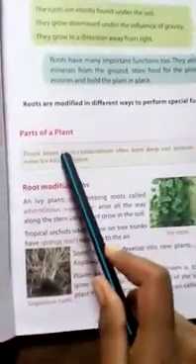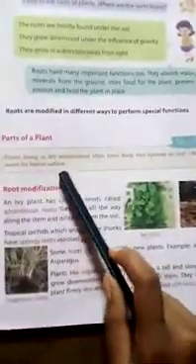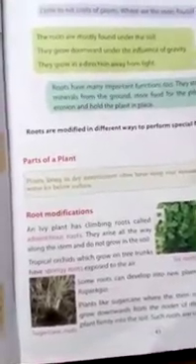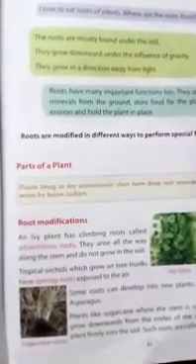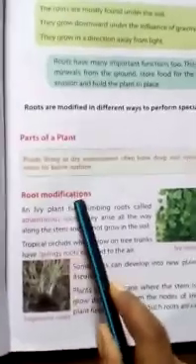Okay, so plants living in a dry environment often have a deep root system so that they can access water from below the surface. Okay, root modifications.